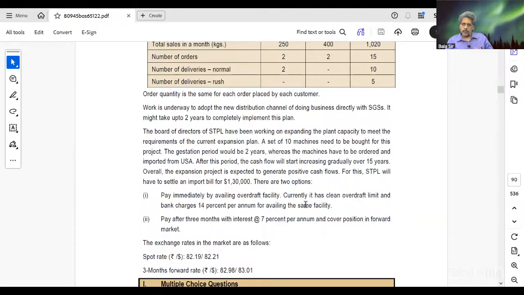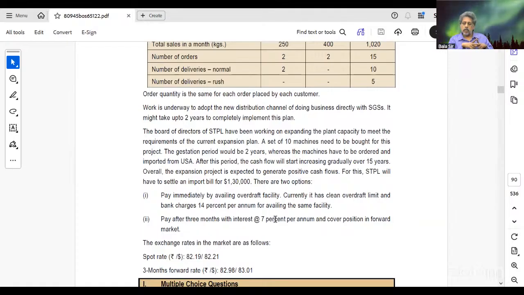Currently, it has a clean overdraft limit and the bank charges 14% per annum for availing the facility. Clean OD is nothing but OD without any collateral or security to be provided by you. These are generally working capital loans given by the banker. The rate of interest they charge is 14% per annum.